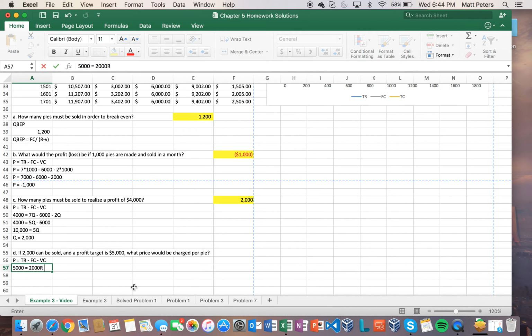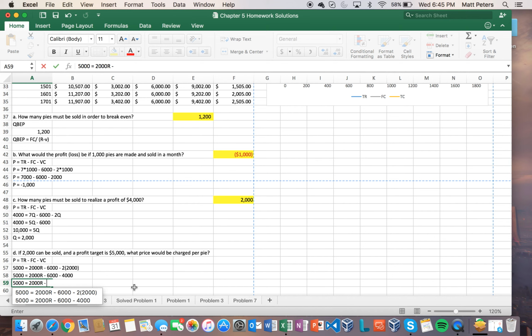So 2,000R minus fixed cost, 6,000, minus variable cost, which is 2 times 2,000. So 5,000 equals 2,000R minus 6,000 minus 4,000.